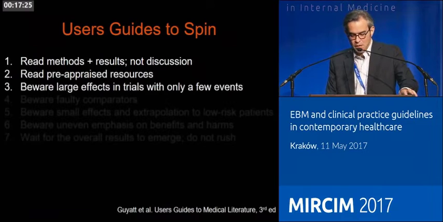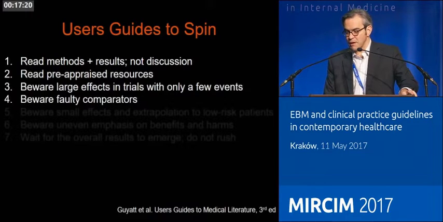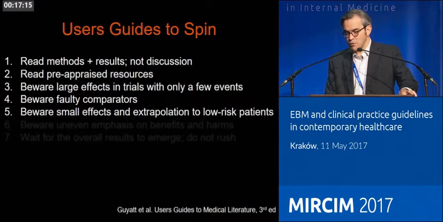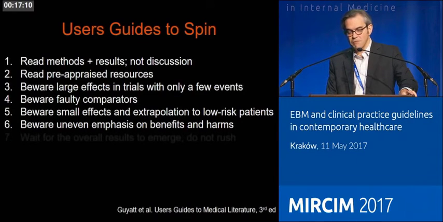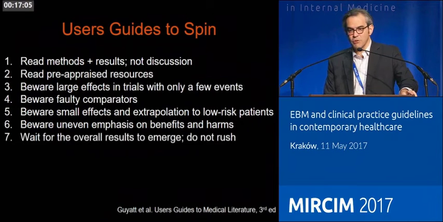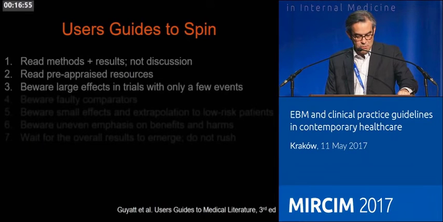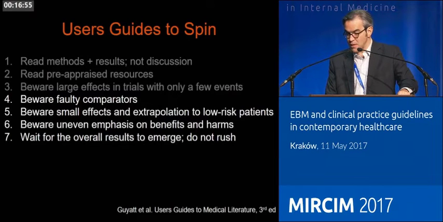But there are others here, like beware large effects in trials with only a few events, beware faulty comparators, we'll talk about that today, beware small effects and extrapolation to lower-risk populations, beware uneven emphasis on benefits and harm, and then wait for the overall results to emerge, do not rush. And we're going to be mostly focusing on the bottom half of this list. So as I point out, these are the ones we're going to be discussing today.